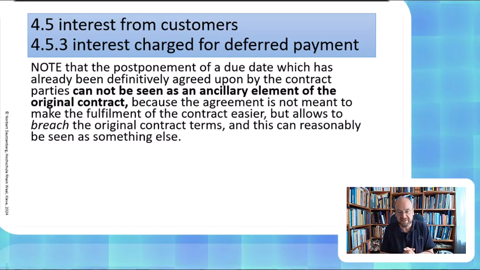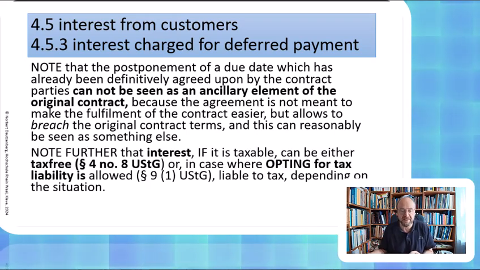You cannot see the postponement of a due date as part of the original contract anymore, because it can't be an ancillary element of a contract if later you must allow to violate that contract or modify it. You can't see granting the permission to breach the original conditions as something which usually makes the fulfillment of the contract easier. Usually it's expected that you stick to the conditions.